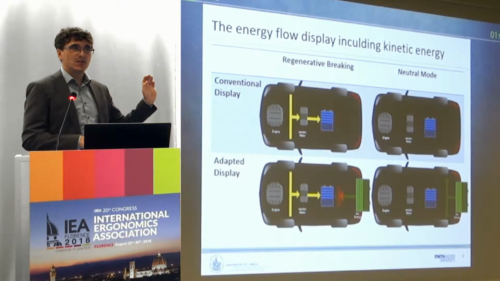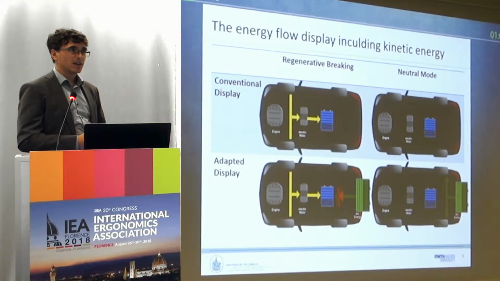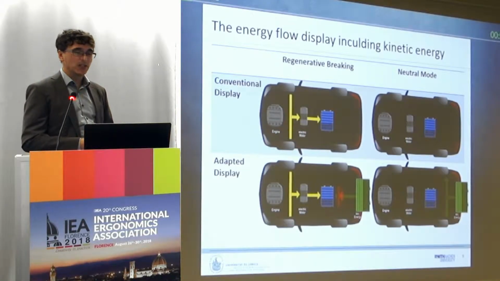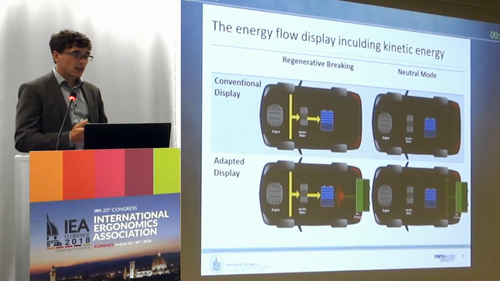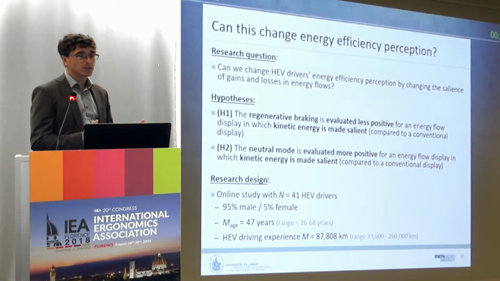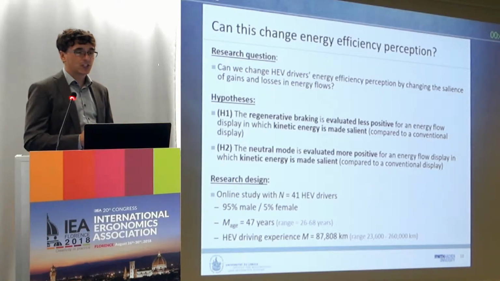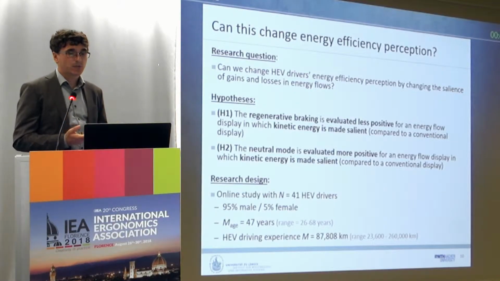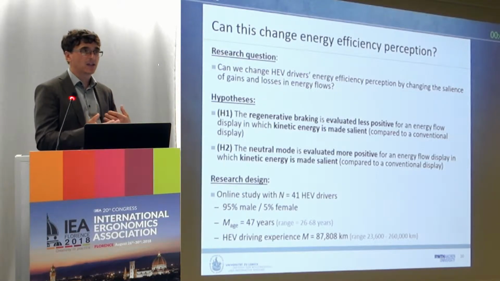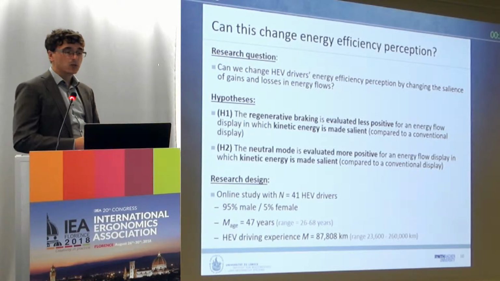This is a very, very first idea of how you could visualize kinetic energy, and there are lots of things that are not really good, but it's a starting point. And so we said, let's put this starting point to an empirical test. Can we actually change hybrid electric vehicle drivers' energy efficiency perception by changing the salience of gains and losses in the energy flows? So we had basically two hypotheses.